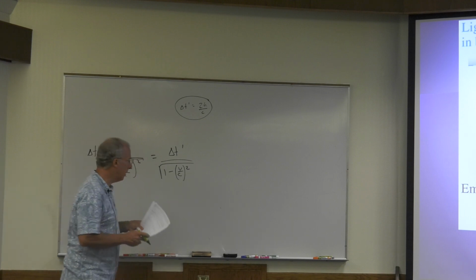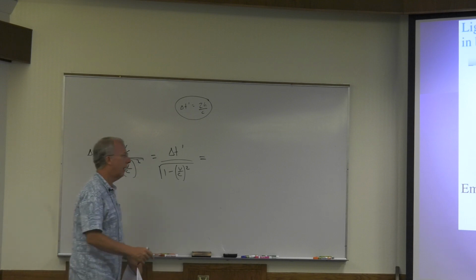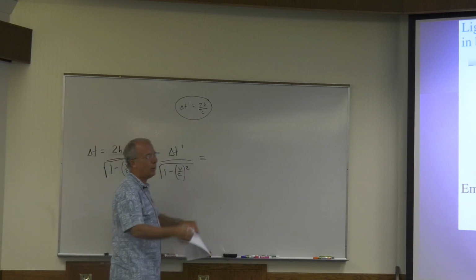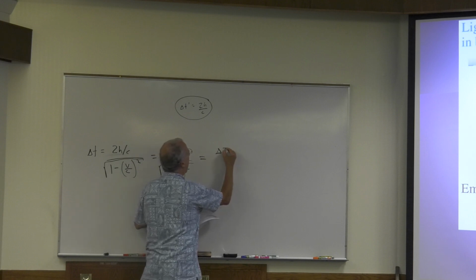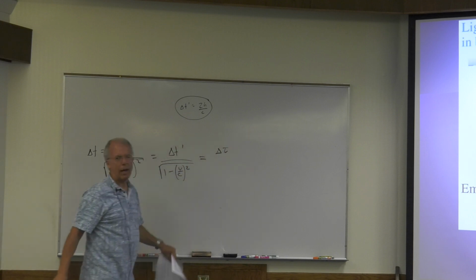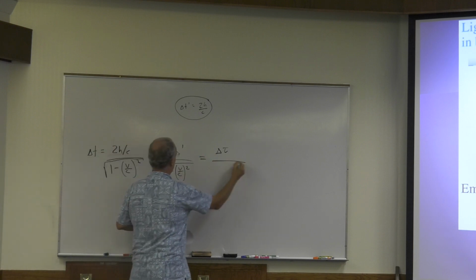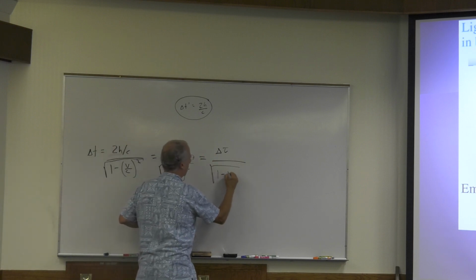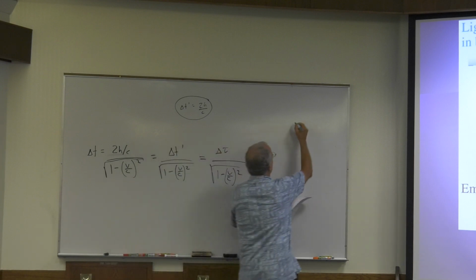Now, for whatever reason, Randy Knight doesn't like to use delta t prime. He wrote the book, he can do whatever he wants. So delta t prime, he says, is delta tau, that Greek letter tau. So he just uses delta tau for delta t prime. So it's not a big deal, you just got to remember it.